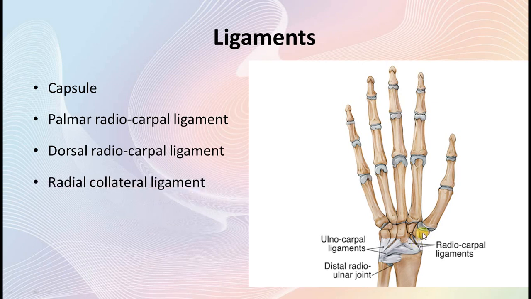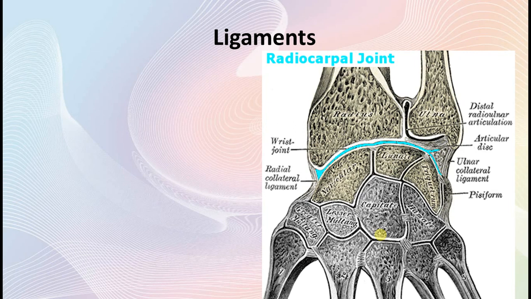You also have, more laterally, the radial collateral ligament. Then you have the ulnar carpal ligament and the ulnar collateral ligament. We are going to see these ligaments one by one.